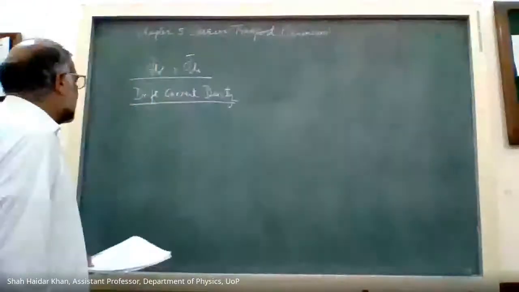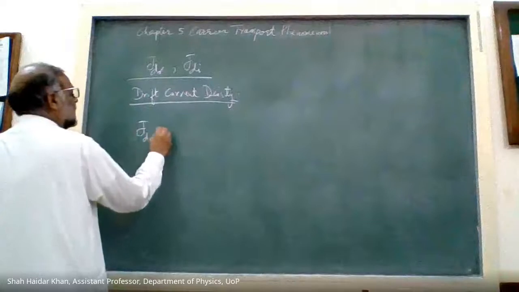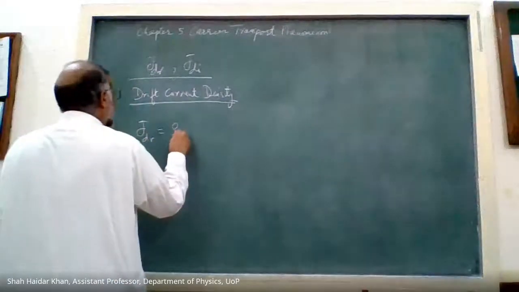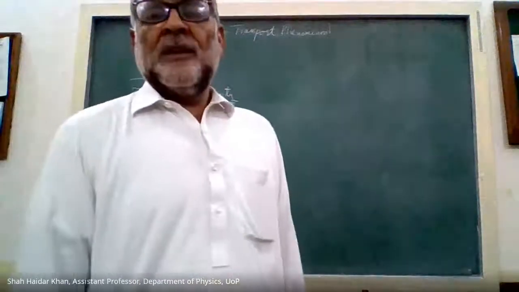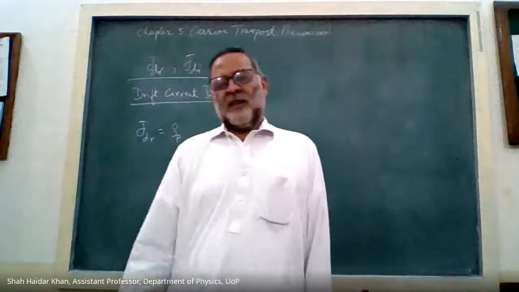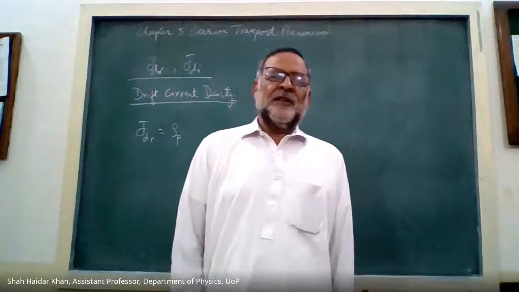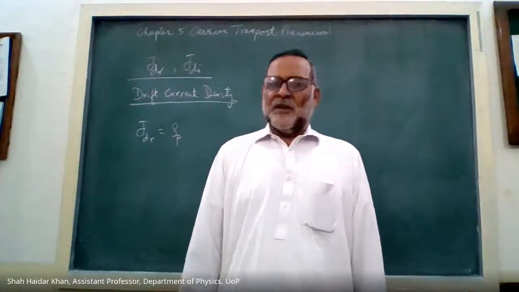Okay, so we can write the drift current density is equal to rho, right? There could be current due to holes, or current due to positive charges, or current due to negative charges. Usually we prefer current due to positive charges because we take it as positive, and it has been a convention.